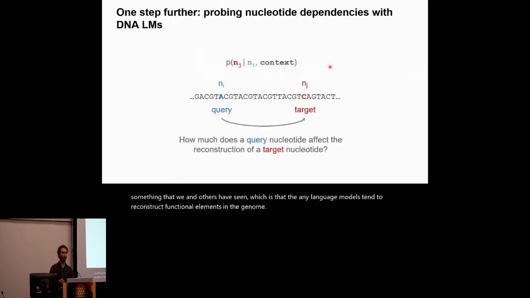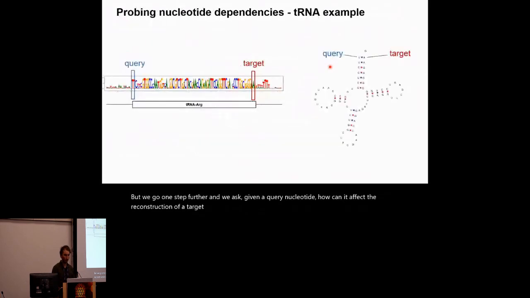But we go one step further and ask, given a query nucleotide, how can it affect the reconstruction of a target nucleotide? Back to the example of the tRNA, you might know that the tRNA also forms a specific secondary structure. If you take a query and a target, which are at the extremes of this tRNA sequence but actually bind within the tRNA, the exercise we do is the following.